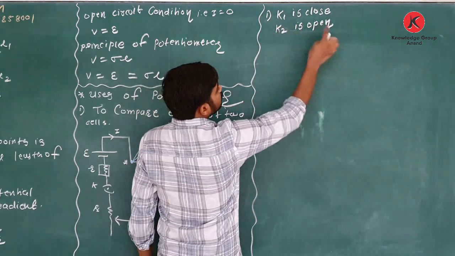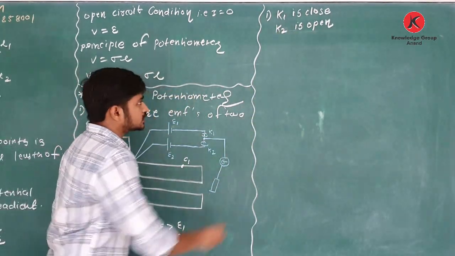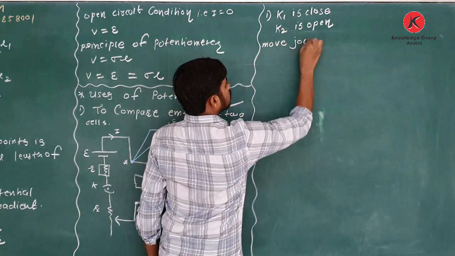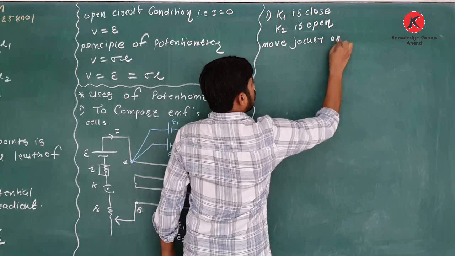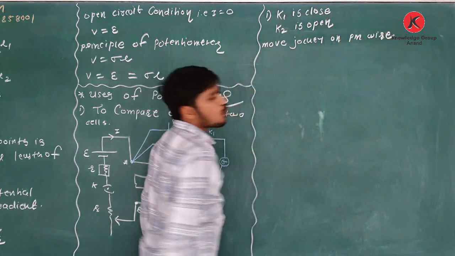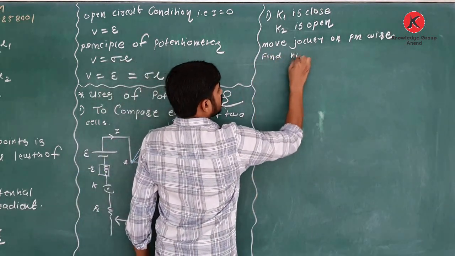So K1 is closed, K2 is open. In this situation, you have to move the jockey on the potentiometer wire and then find the null point.